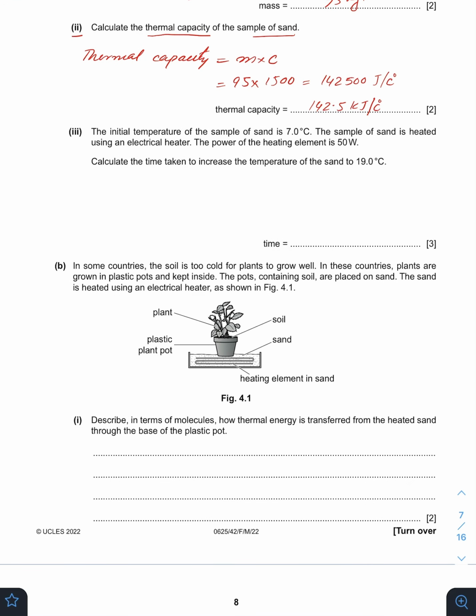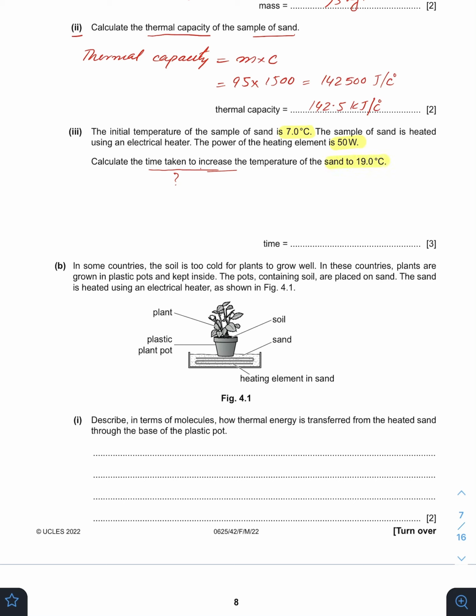The initial temperature of the sample of the sand is 7 degrees Celsius. The temperature of the sand is increased using an electrical heater, the power of the heater is given, that is 50 watt. You need to calculate the time taken to increase it.